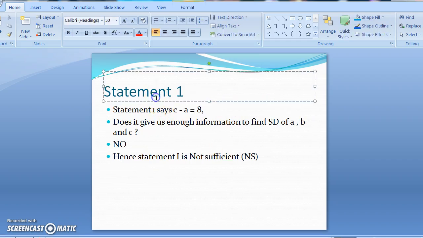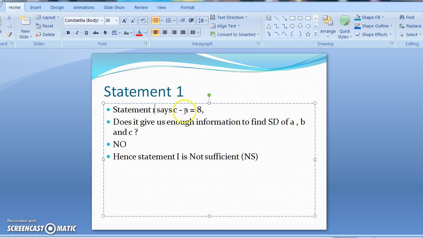Let's look at statement 1. Statement 1 says c minus a equal to 8. Now, the question is, does it give us enough information to find the SD of A, B and C and compare it with the SD of 4, 8 and 12? Okay. Now, does that give us any idea about B? Not at all, right? It just tells us that C and A, the difference is 8.